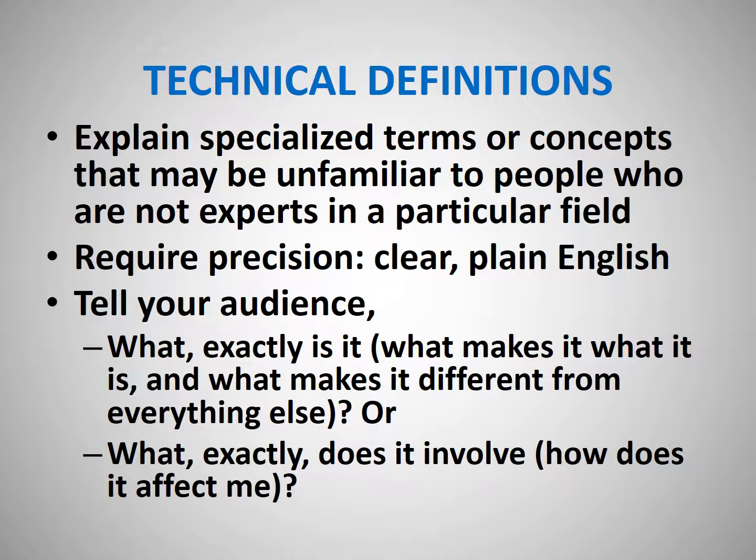In other words, you're going to tell your audience what exactly this thing is if you are defining a thing. What makes it what it is? What makes it different from everything else? Or if you're defining a concept or a process, what exactly does it involve? And how does it affect me? All right? Those are the kinds of things you're trying to communicate in clear, plain, direct English.